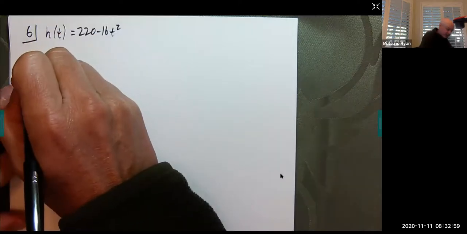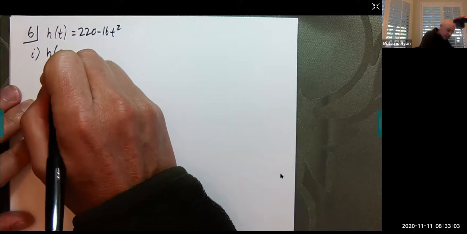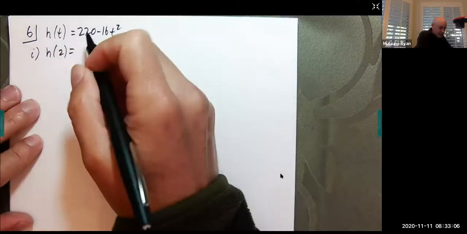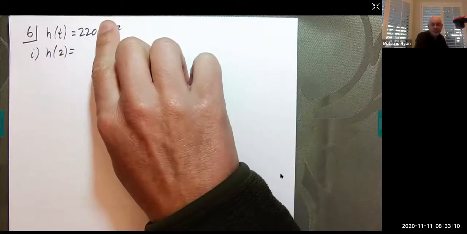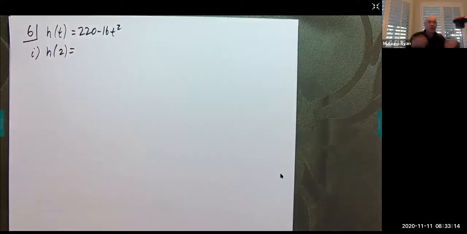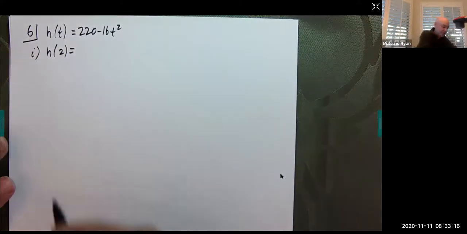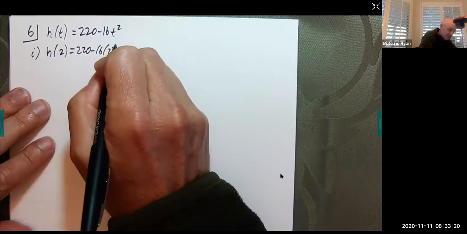So part 1, they want to know h of 2. So it starts out at 220. You can see when t equals 0, it's up at 220 feet. And so it's only going to go down from there relative to us here on Earth. That's 220 minus 16 times 2 squared.